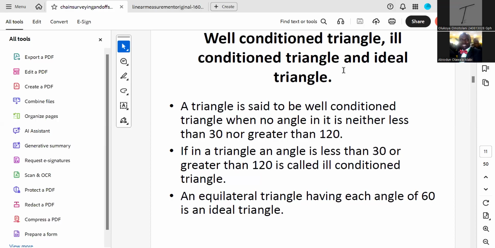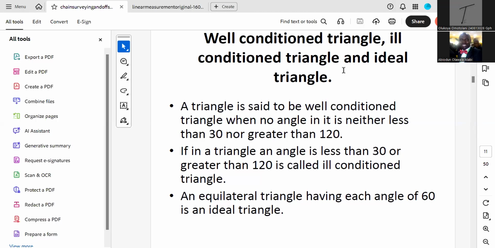Such a triangle is a well-conditioned triangle. I hope you are following and taking notes. If an angle is less than 30 degrees or greater than 120 degrees, it is called an ill-conditioned triangle.